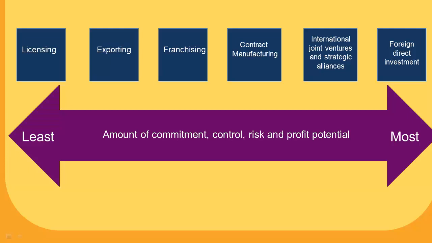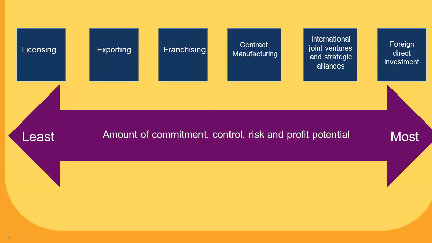Now, ironically enough, it might be the cheapest, but we also have the least amount of control. And if we decide that we want more control, then we are going to have to move on to one of the other options, which includes exporting, franchising, contract manufacturing, joint ventures, and foreign direct investment.